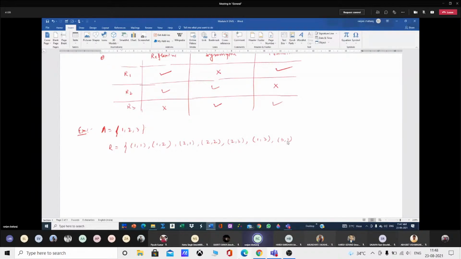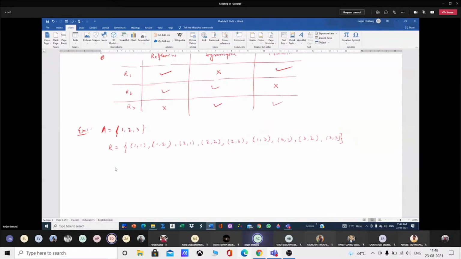Now check it for reflexivity, symmetry, and transitivity.